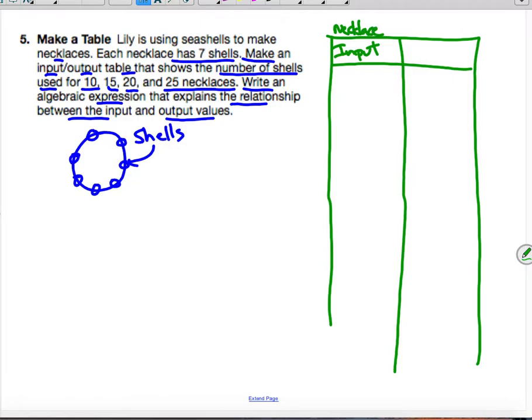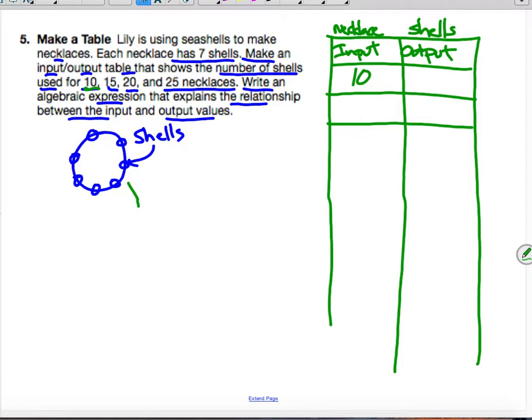And then your output column, which is actually the number of shells you have, okay? So an input, output, and then you figure in your amounts. Well, you want to know how many shells you'll need for 10 necklaces, so there you have it.